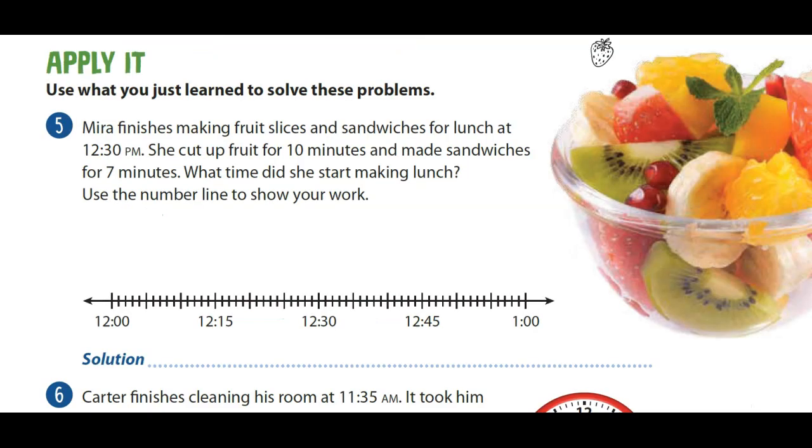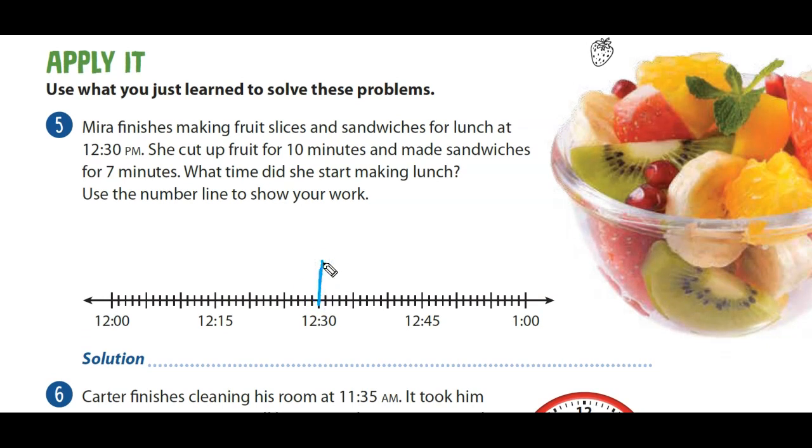Now let's do this one, but instead of using the clock, I'm going to use a number line. They just basically took the lines on the clock and spread them out. It says Maria finishes making fruit slices and sandwiches for lunch at 12:30. That's right here.